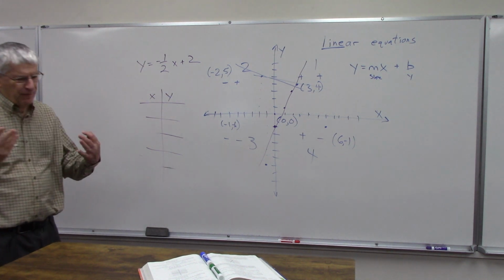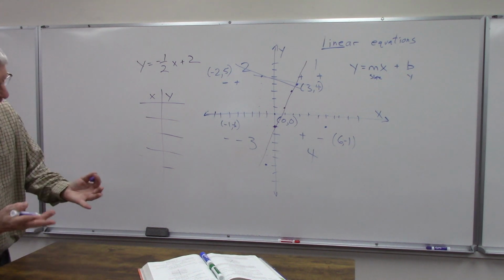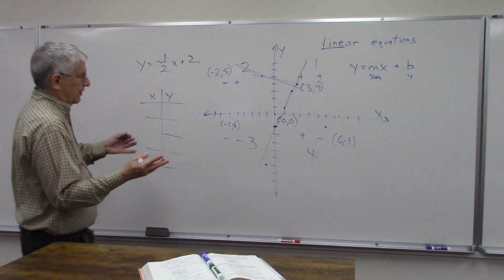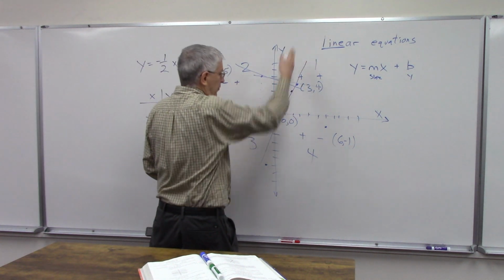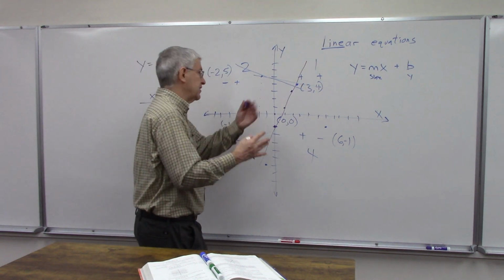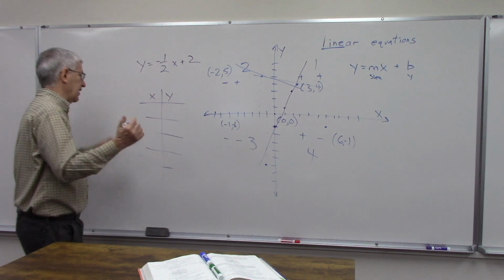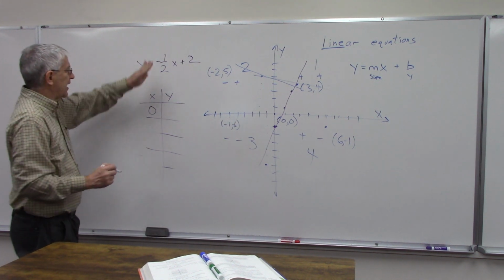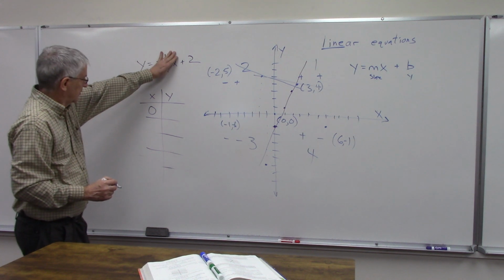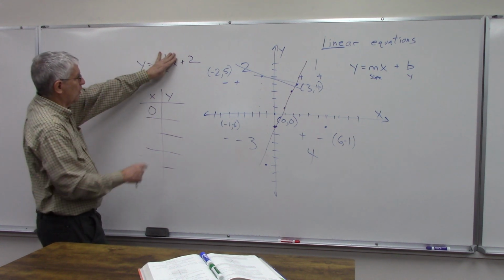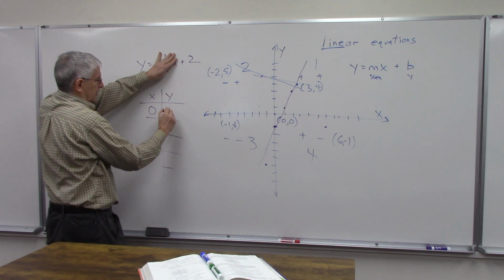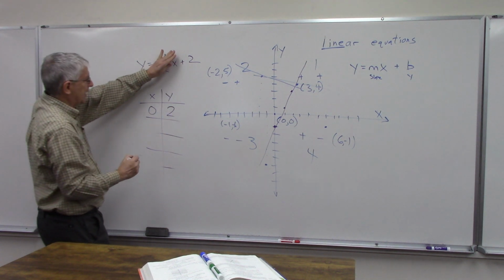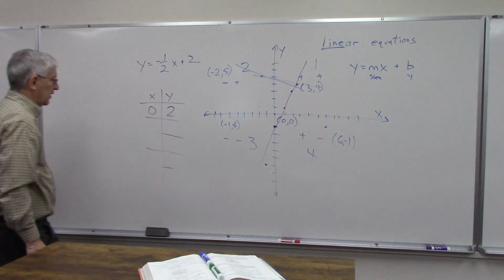Again, pick some values of x that make it easy. As you can tell, a line is going to have an infinite number of values, so pick some easy ones. And again, start with 0, because that cancels that out. So when x is 0, what's y, Melinda? Y is 2, yep, because that cancels that out, so you're left with 2.